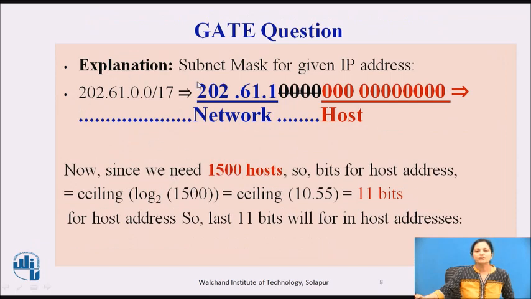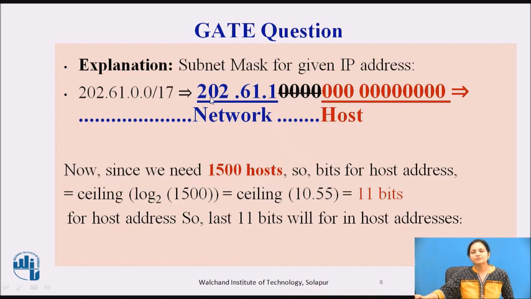So in our question, it is given that we have this address provided: 202.61.0.0/17. Up to 17, you can see this is 8 bits, this is 8 bits, 16, and the 17th bit will be borrowed from this.